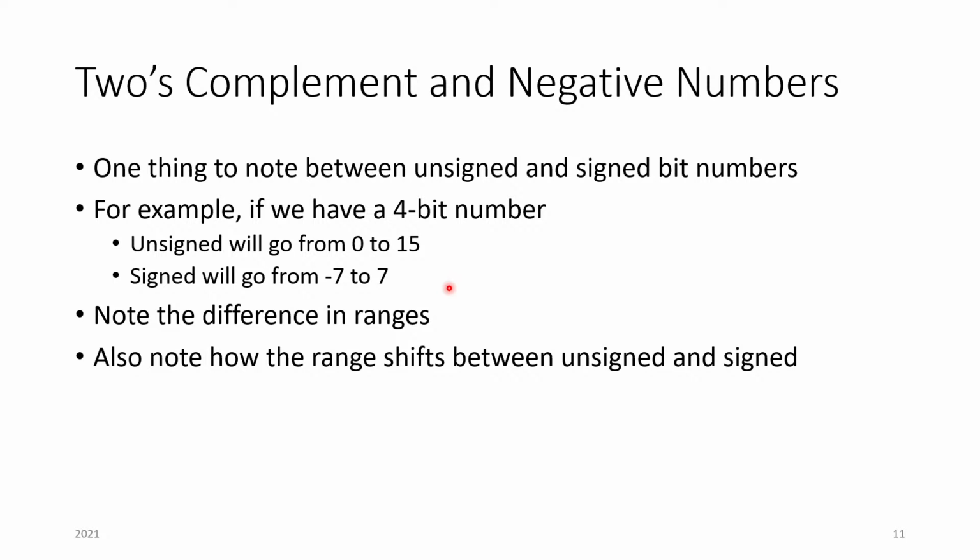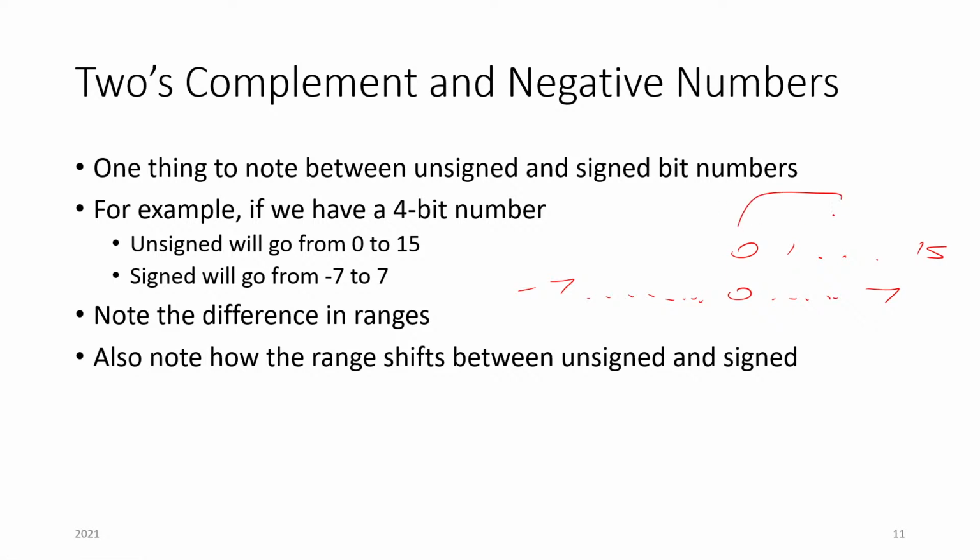It's like we just end up shifting the range numerically, because instead of going from 0, 1, all the way to 15, now we have -7 to 0 to 7. So that's what you need to pay attention to in particular.